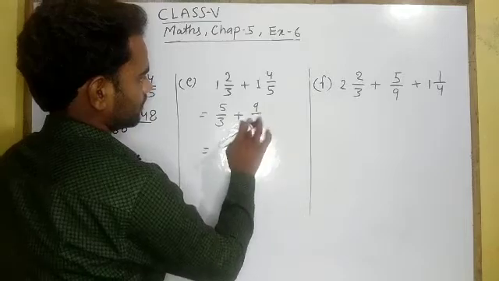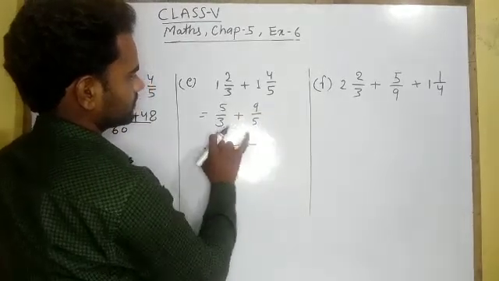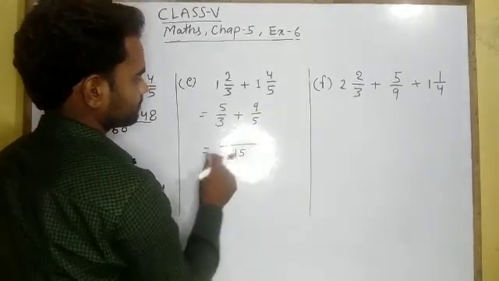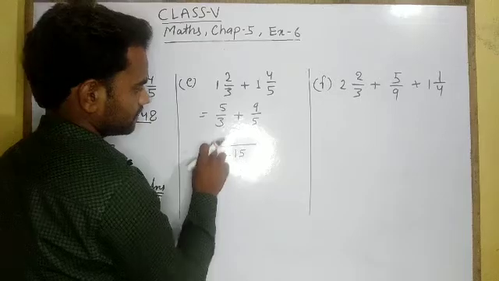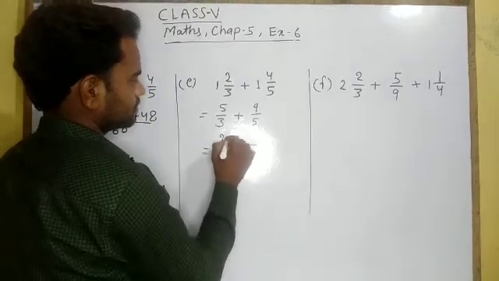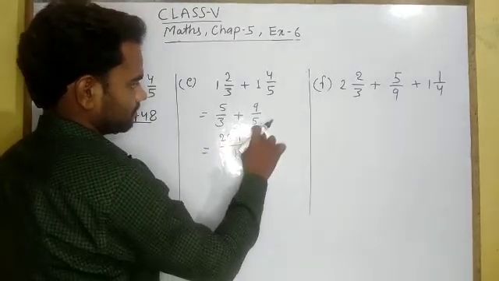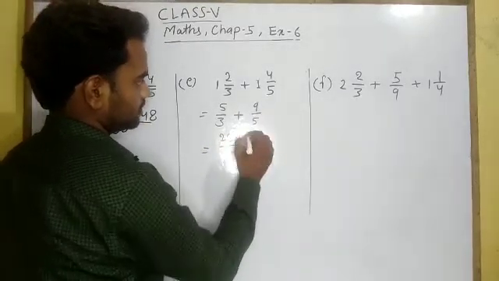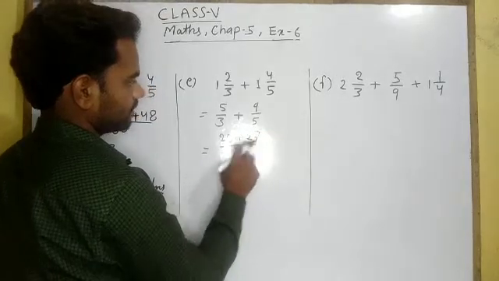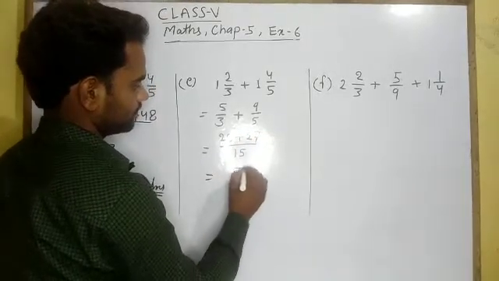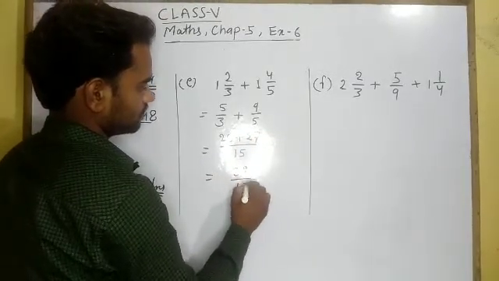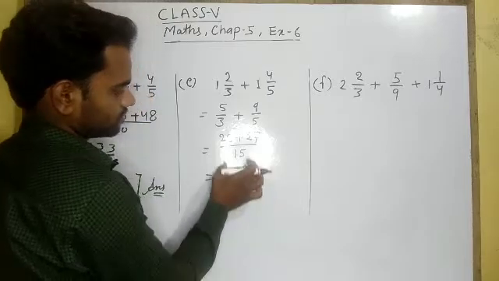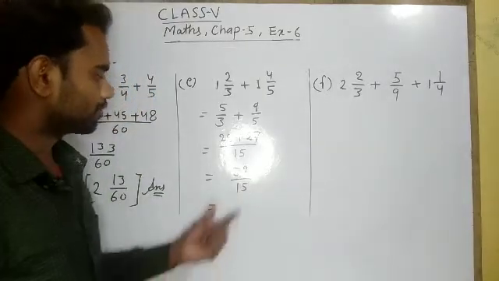9 upon 5. LCM of 3 and 5 is 15. Divide 15 by 3. 3 fives are 15, 5 fives are 25, plus 5 threes are 15, 3 nines are 27. 25 plus 27 will be 52 upon 15. Now this is also in improper form.